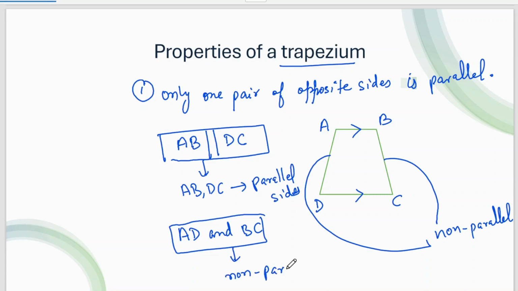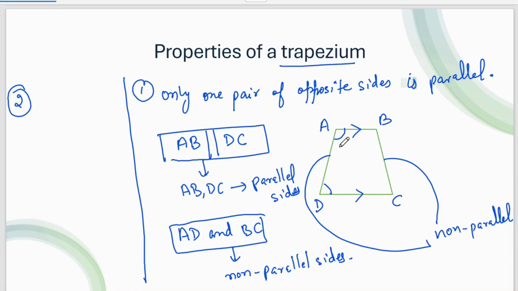Now this was the first basic property of a trapezium. What about the second property? If you look at the angles, angle A and angle D are co-interior angles, and the sum of co-interior angles is 180 degrees.